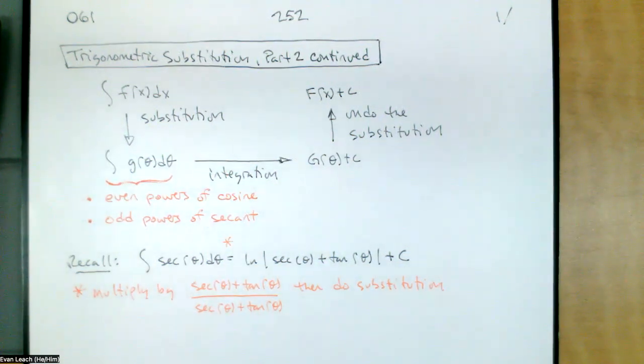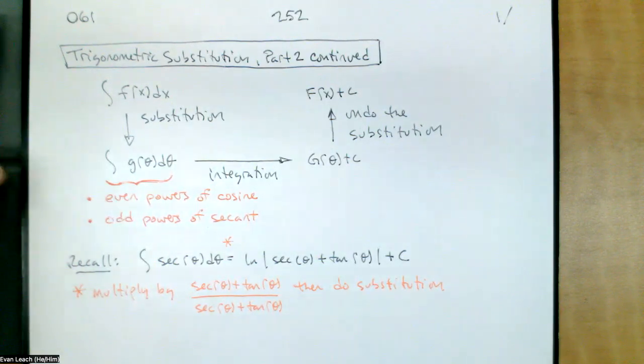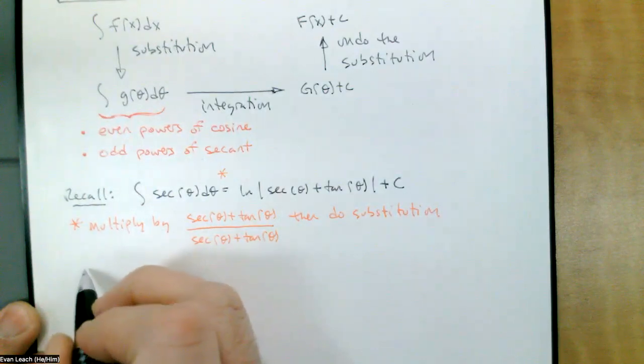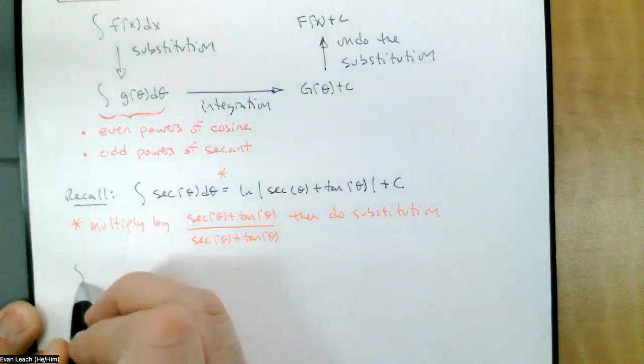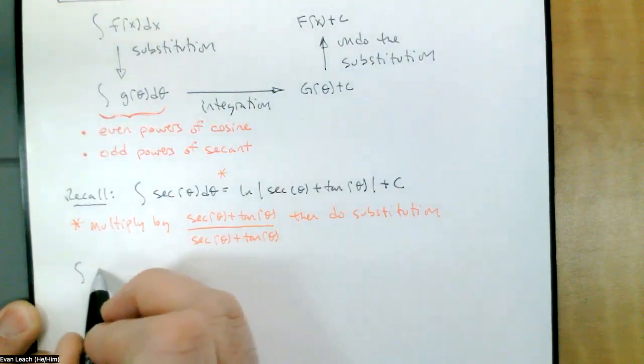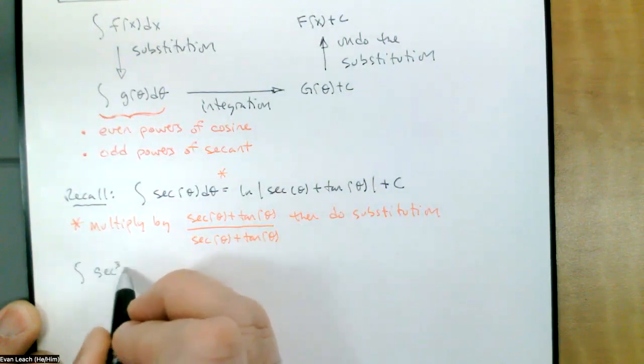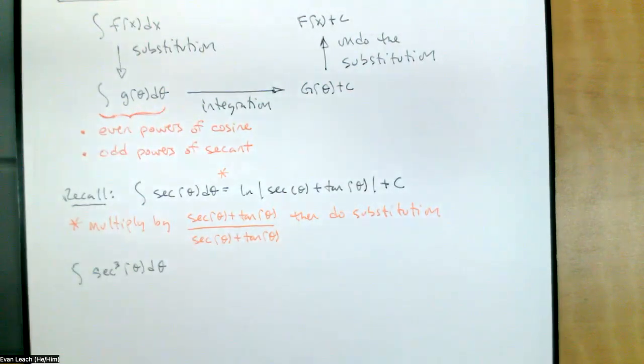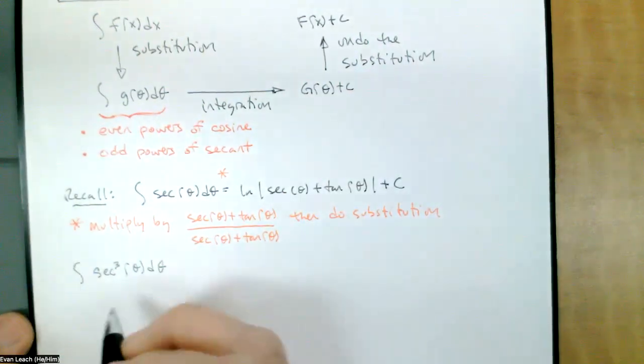All right. So for odd powers of secants with even powers of tangents, we're going to use parts. So specifically, if we have secant cubed theta d theta, our strategy was to use parts.